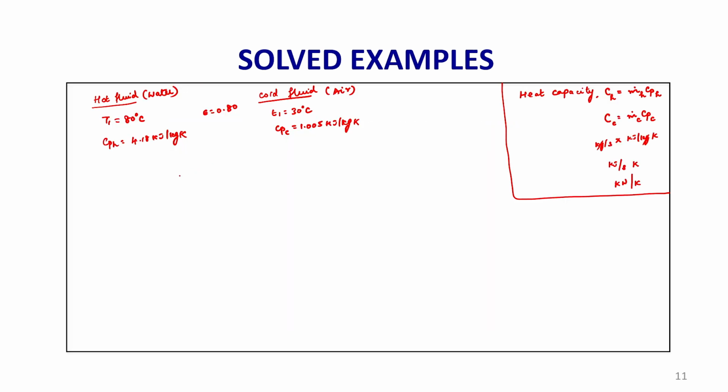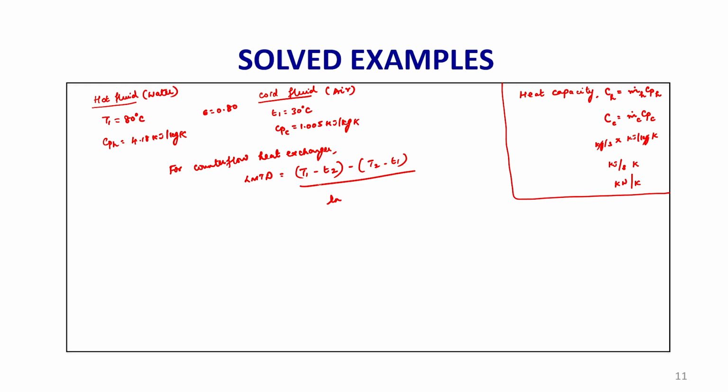So, LMTD for counterflow, because the type of heat exchanger is clearly given in the question, counterflow heat exchanger, LMTD is equal to capital T1 minus small t2 minus capital T2 minus small t1 divided by ln of the first term divided by second term. So, the numerator is easy to remember.